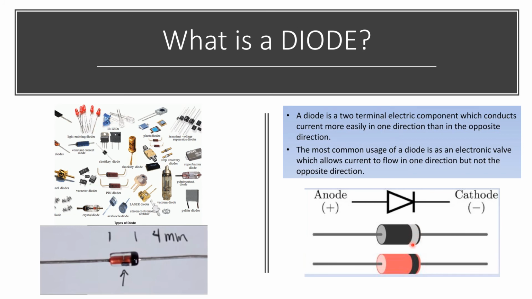This mark signifies that this is the cathode part, and the opposite here is the anode. You cannot interchange them, since if you interchange this, no current will flow.